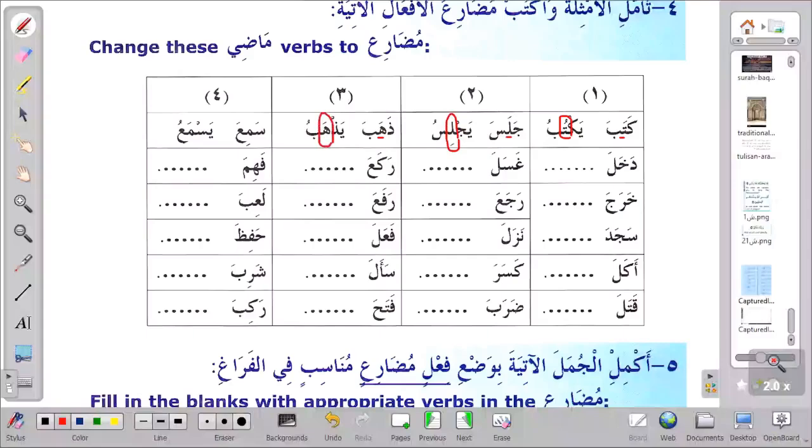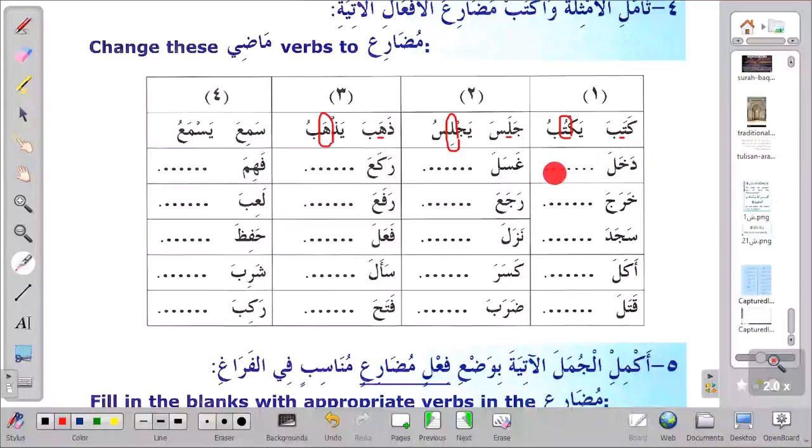I hope you can see. So that's what we said: the past tense verb kataba, with fatha, fatha, fatha, could have 3 possibilities. We have said that. So that's just what he's trying to do here.